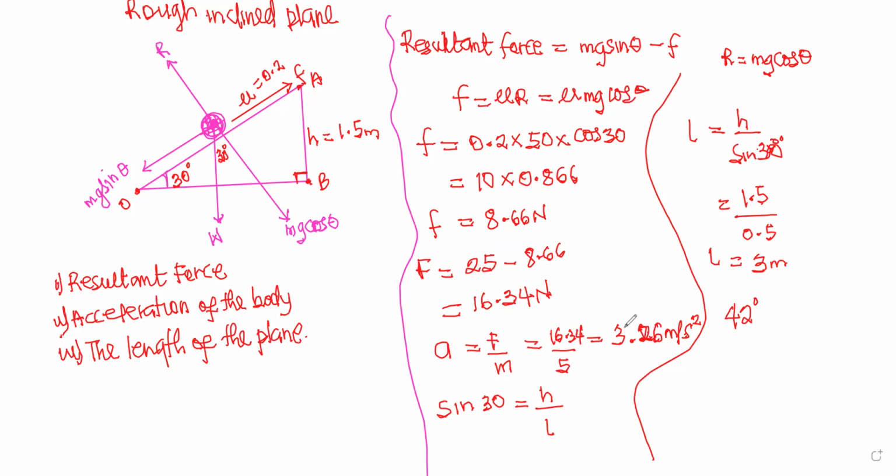Then B, if the parcel, the body, is pulled up the plane by a force of 20 Newton parallel to the plane, find B-I, the resultant force along the plane, and B-II, the acceleration with which the body moves. Take G to be 10 meters per second squared.